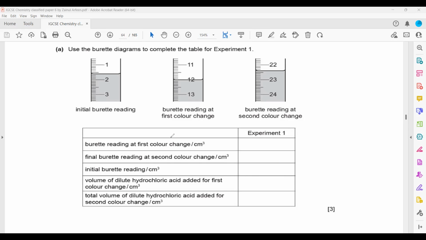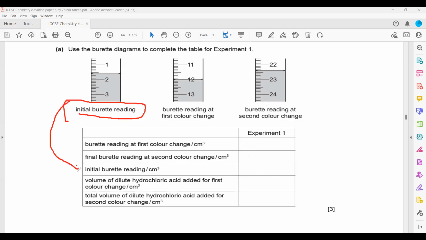If you see, this is the burette reading at the first color change, then the burette reading at the second color change, then the initial burette reading, that is in cm cube, then the volume of hydrochloric acid added to the first color change, and the volume of hydrochloric acid added to the second color change. So what is the initial burette reading?